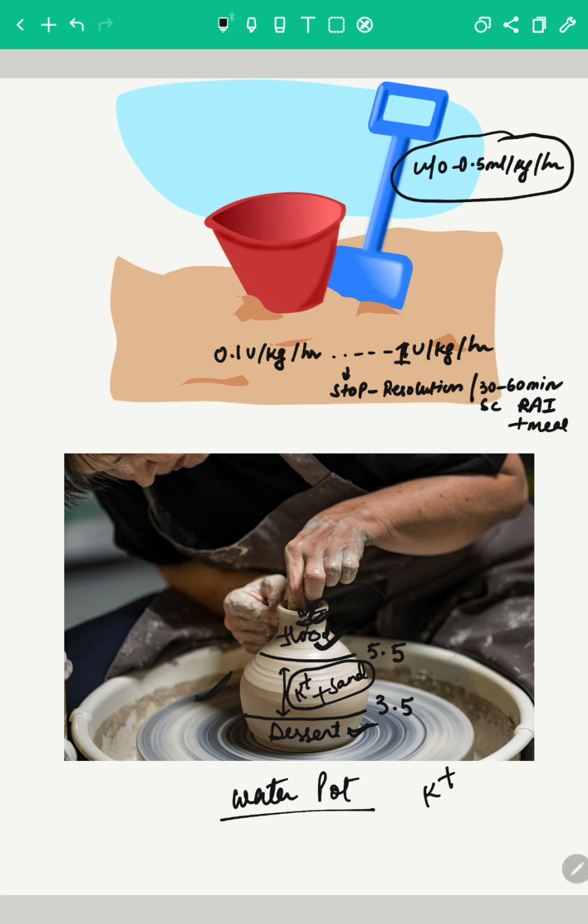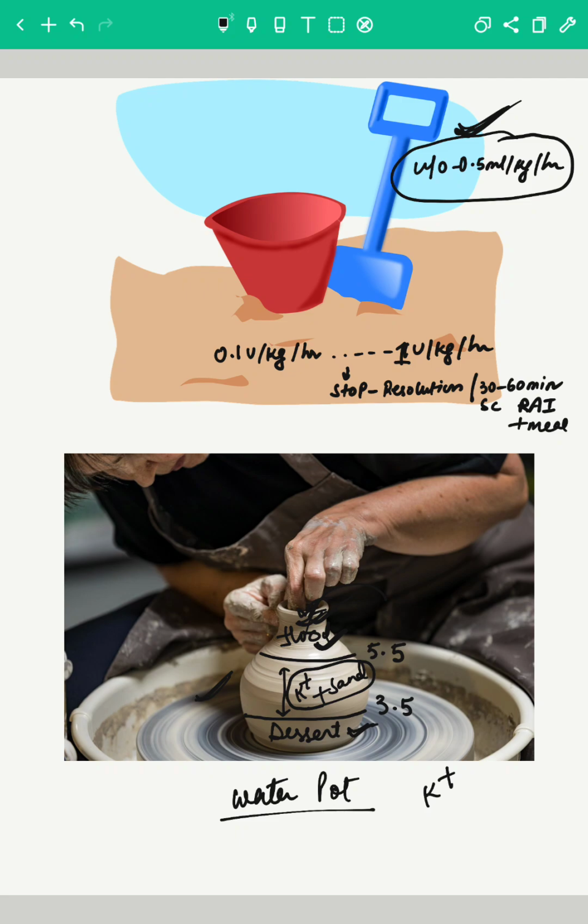We all know that it should be given in a patient where the renal urine output is 0.5 ml per kg per hour. We cannot give potassium in renal failure patients. They will be landing up in a very grave situation. So we have to ensure before potassium replacement that the urine output is 0.5.